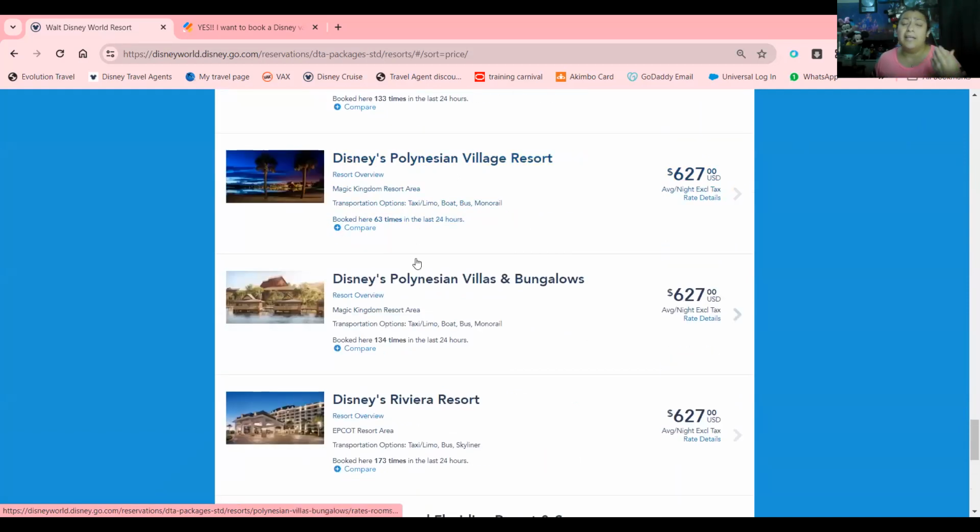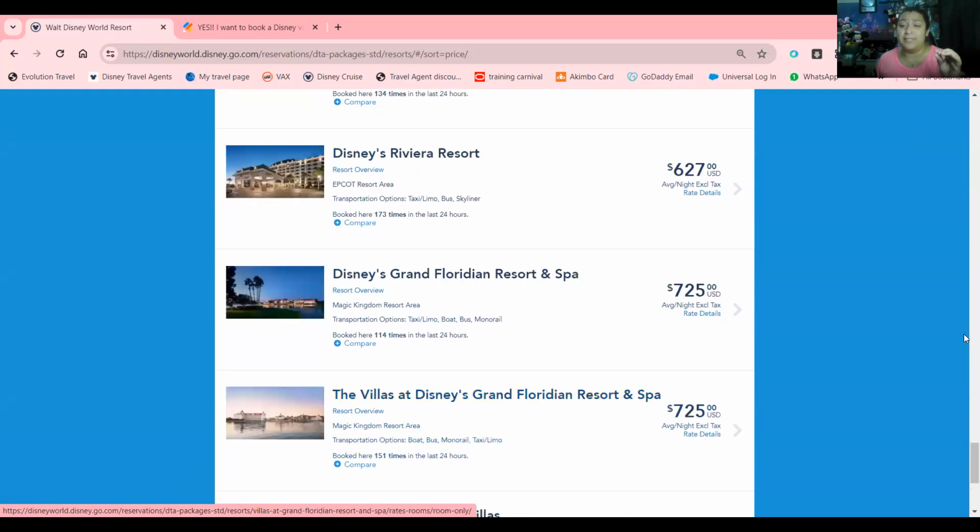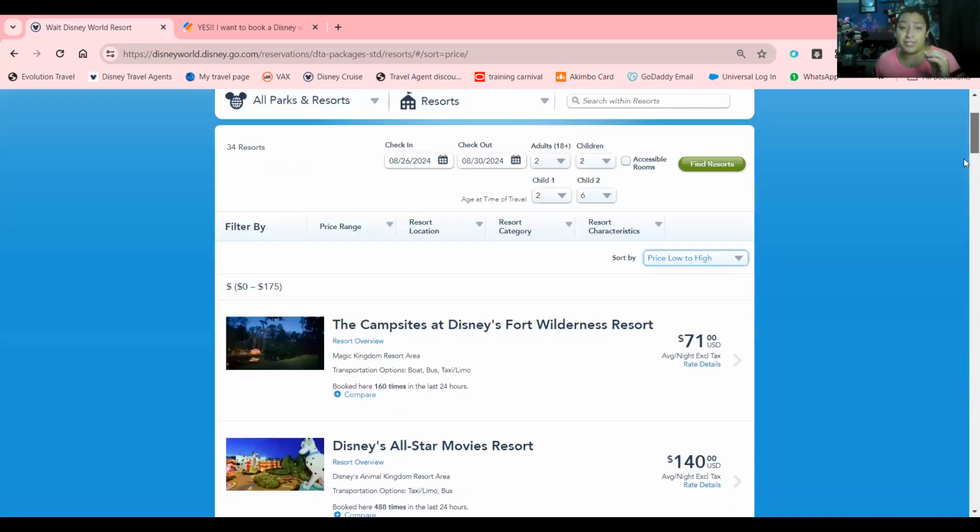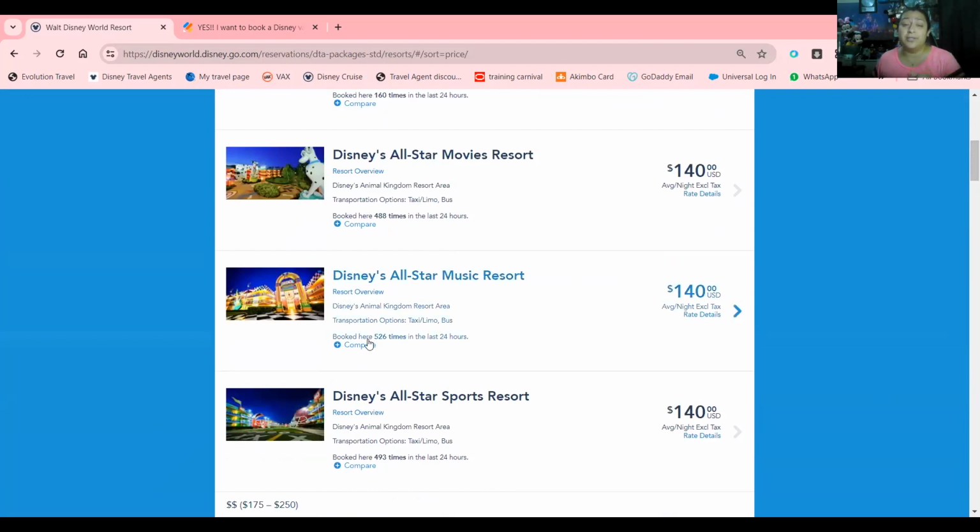So again, if they're going off just the resort, yes, there is going to be a big difference. But again, if it's their first time, I usually tell my clients I recommend these three. Why? Because first off, you're not going to stay inside the resort 24/7. It doesn't matter if you have 10 pools in your resort, you're not going to use all 10 pools. It doesn't matter if you have a giraffe outside your window, right?